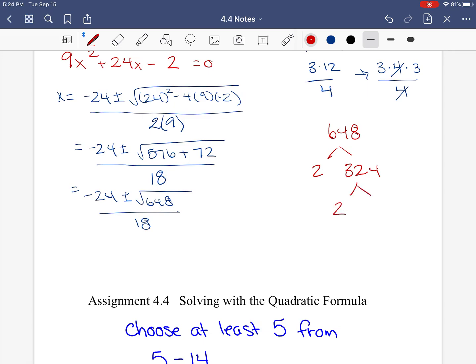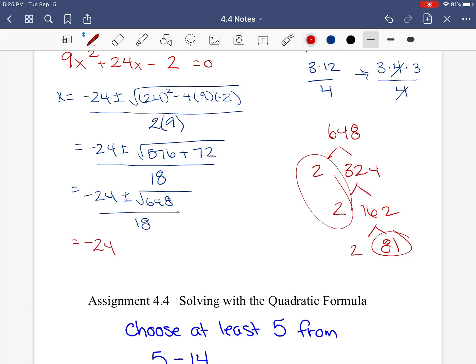If I break that down, it's going to be 2 and 162. If I break that down further, 2 and 81. Well, if I go right there, I know 81's a perfect square. I also know that, which would be 4, is also a perfect square.